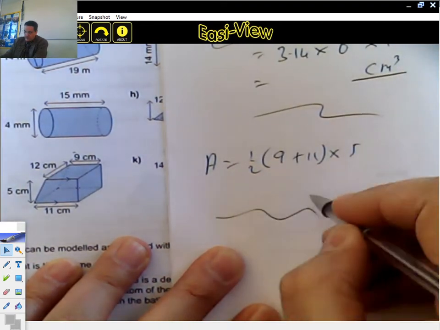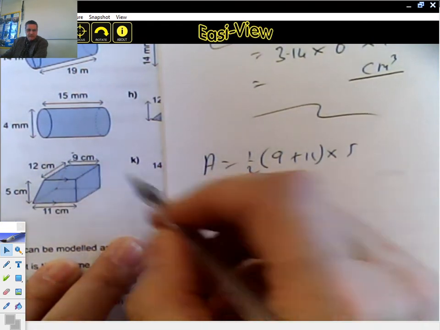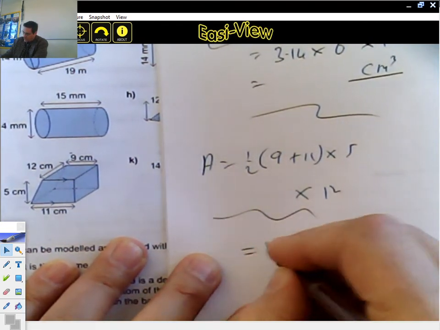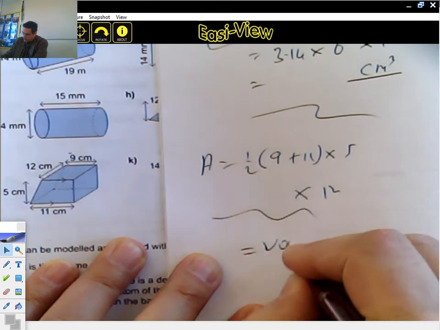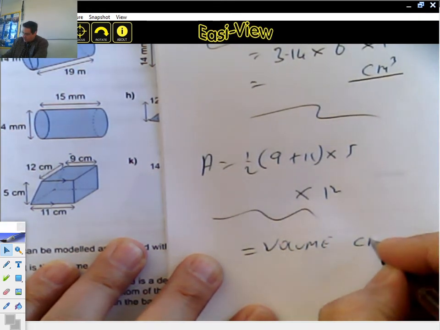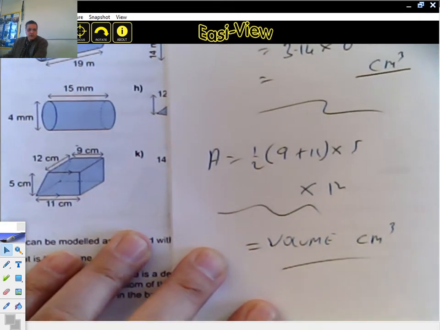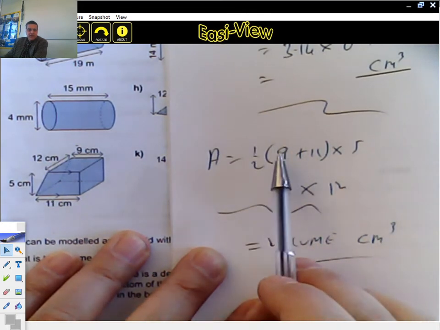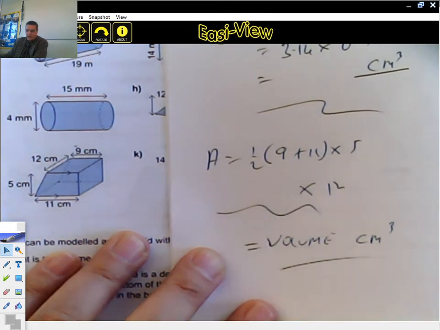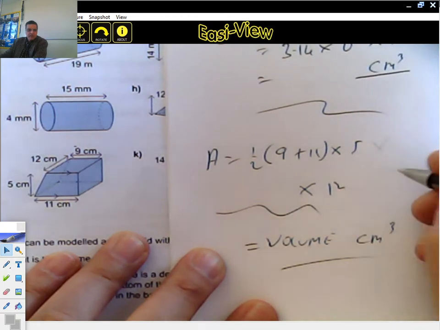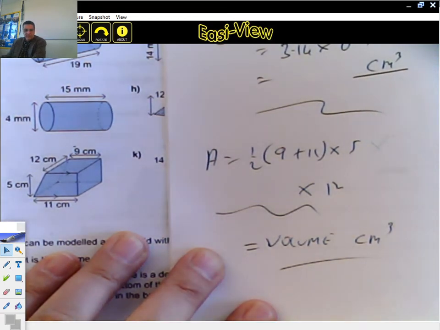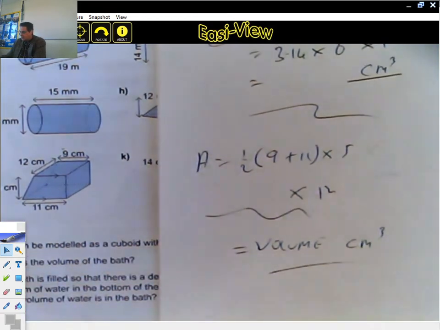Get your answer, and then multiply by the depth of 12. When you get that, that gives you a volume in centimeters cubed. Okay, some of you I know want to do it in one step. We go half A plus B times H, and then you could of course multiply by 12 in one step. That's totally acceptable for GCSE grade 4.